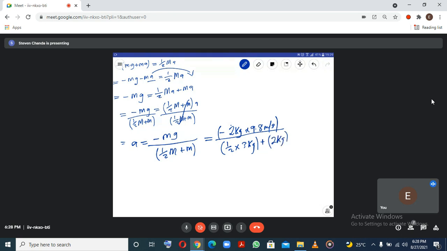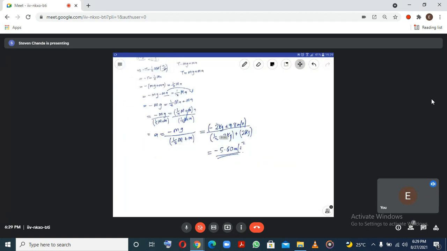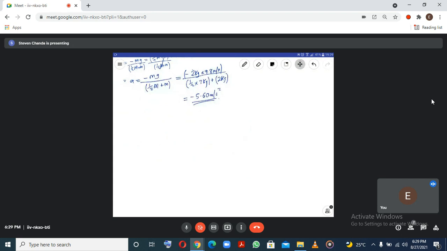Okay, so that is going to give you a value of negative 5.60 meters per second squared. So the thing is that we started building from Newton's laws, and from Newton's laws we got to find this.